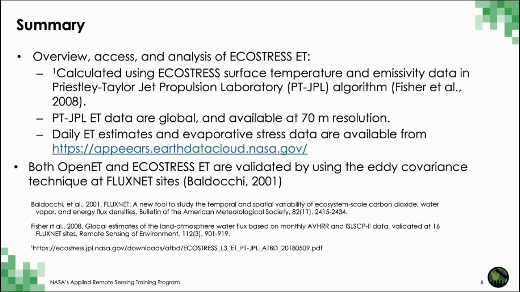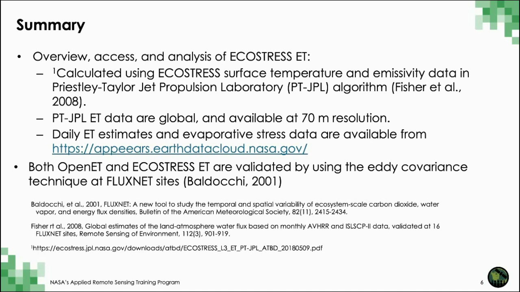As for ECOSTRESS ET, that is calculated using ECOSTRESS surface temperature and emissivity data, so based on energy balance, and it uses the Priestley-Taylor Jet Propulsion Laboratory algorithm. The reference is given here. So PT-JPL ET data are global, coming from ECOSTRESS, and they are available at 70 meter resolution.